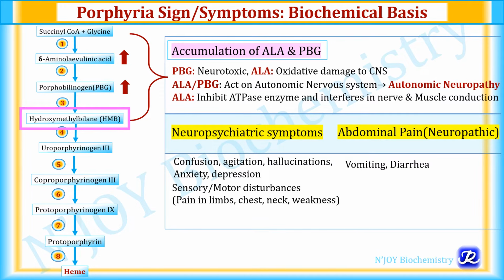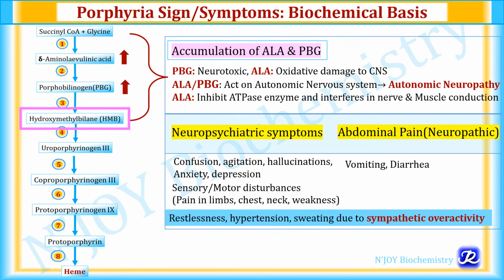Another important characteristic feature, if the defect lies above the formation of hydroxymethylbilane, is that the patient presents with abdominal pain, and this pain is not associated with inflammation. It is neuropathic pain, which is also associated with vomiting and diarrhea. The restlessness, hypertension, and sweating seen in the porphyrias are due to sympathetic overactivity.